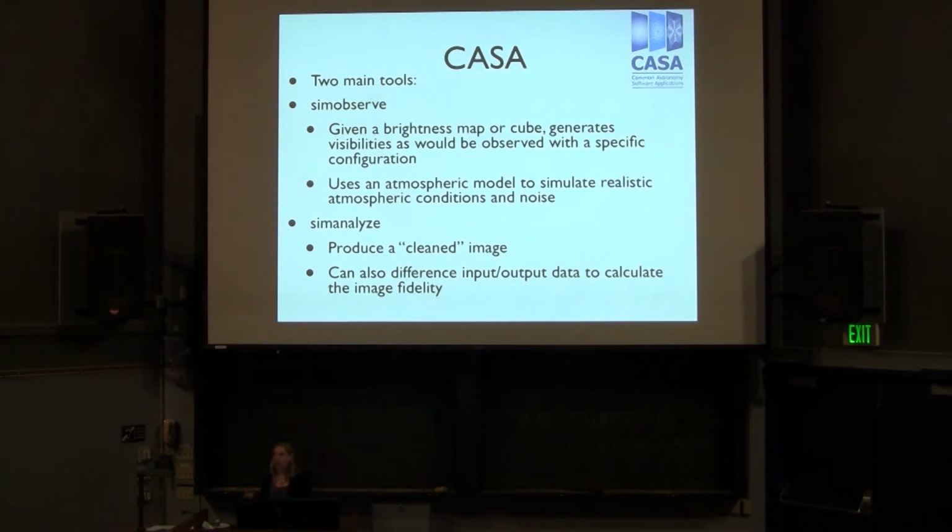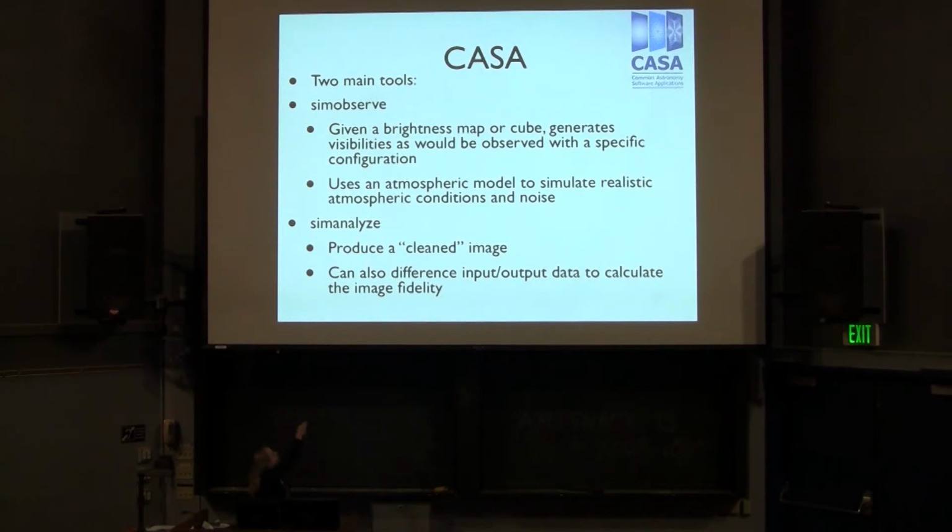In this configuration, they have a bunch of different files, and you would choose it and say, OK, I want to look at the full science configuration, or I want to look at half the antennas, or you can also look at Karma, VLT, and a couple of other different options. So in this process, you can also add in synthetic, realistic atmospheric conditions and noise. Okay, and again, the models for these conditions and noise are kind of pre-computed, so you don't have to worry about the details of understanding the atmospheric variability, which is extremely helpful.